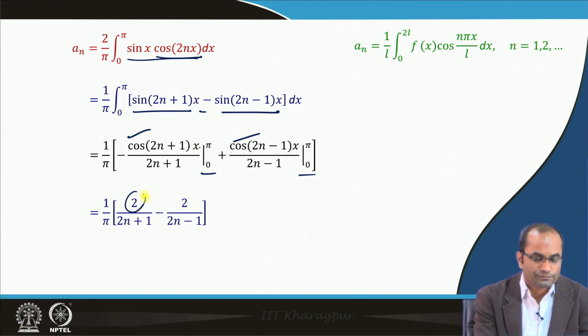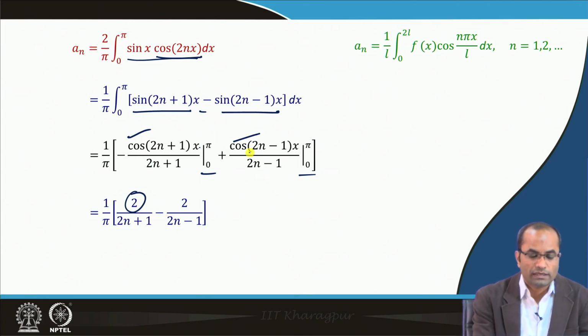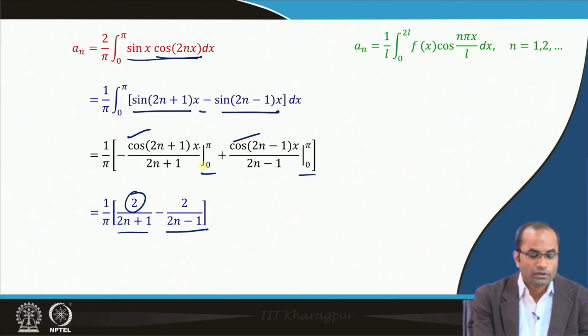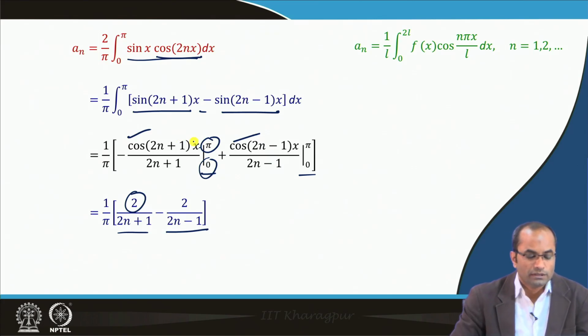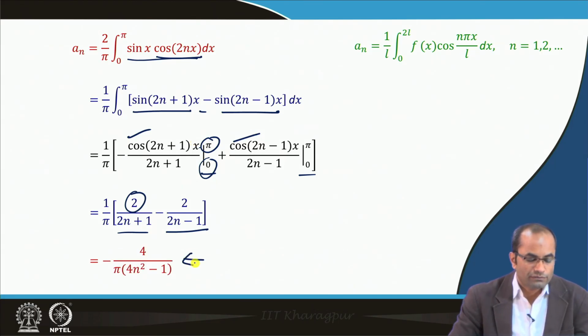So, we will get this value 2 there, and here also we have cos, then 2n plus 1 again. Because we have the 0 also and the pi, this is going to be 1, and then again when we substitute 0 it is 1. So, we will get this 2 there, and after simplification we will get minus 4 over pi (4n square minus 1).